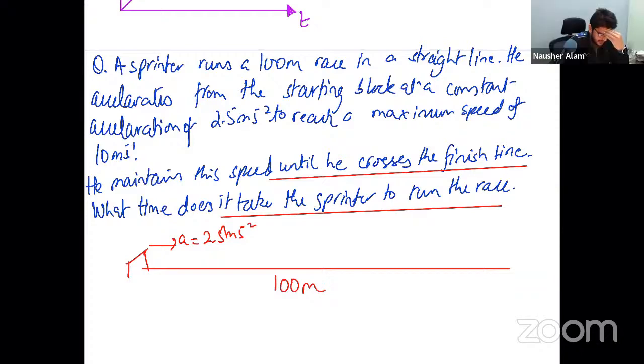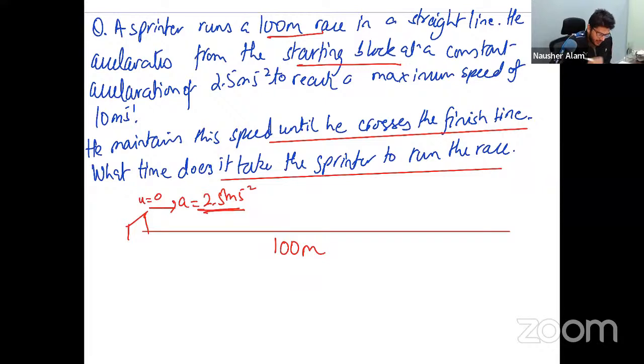Absolutely correct. So well done. So basically, you're in a 100-meter race. You're at the starting block. At the starting block your initial speed will be 0. Now the question is how long do you take to travel the entire 100 meters. The catch is that acceleration 2.5 meter per second square is not throughout the 100 meters. It's just until you get to that 10 meter per second speed.